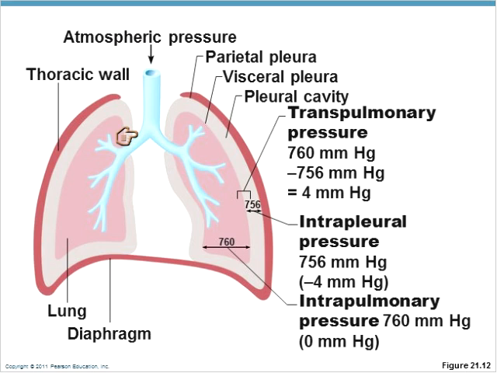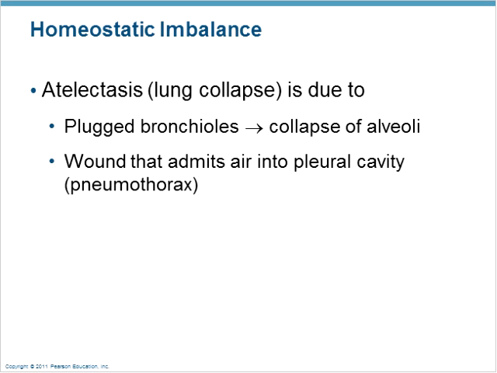We have the atmospheric pressure, 760 millimeters of mercury, the parietal pleura and the visceral pleura. The transpulmonary pressure is 760 millimeters of mercury minus 756 millimeters of mercury, which equals the 4 millimeters we talked about, the intrapleural pressure. The intrapulmonary pressure is 760, which means comparatively 0.